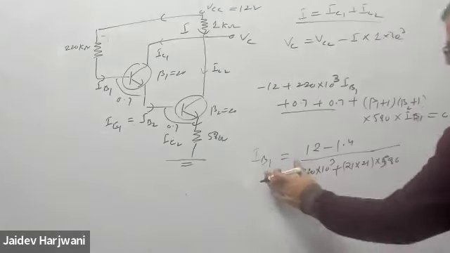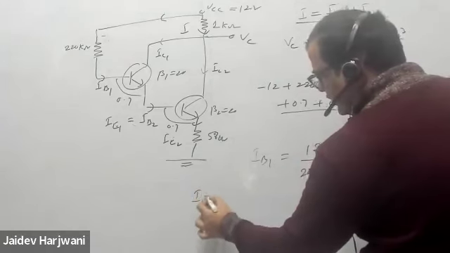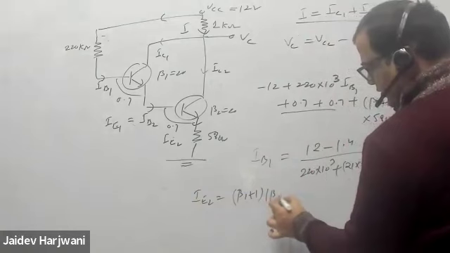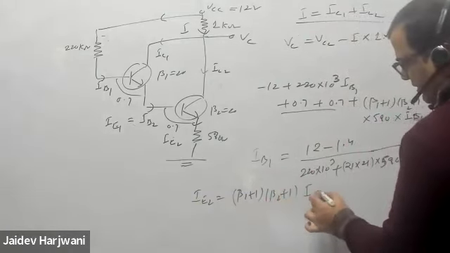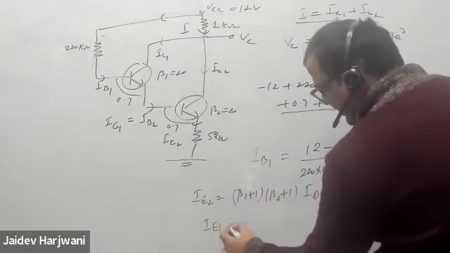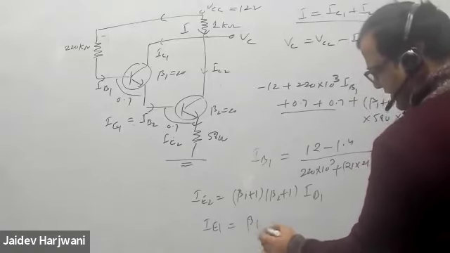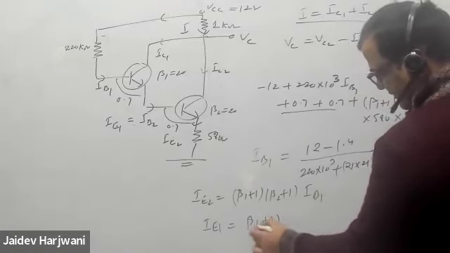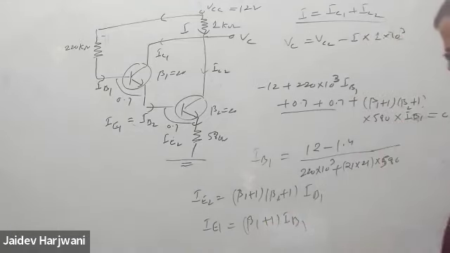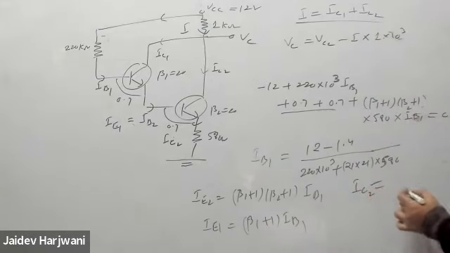So basically, if you know IB1, then you can find IE2. IE2 is beta 1 plus beta 2 into IB1, and IE1 will be beta 1 plus 1 into IB1, or you can directly find IC2 equal to what?